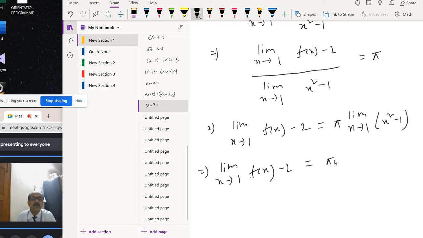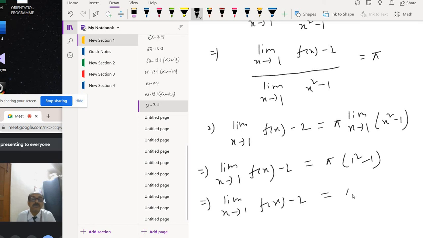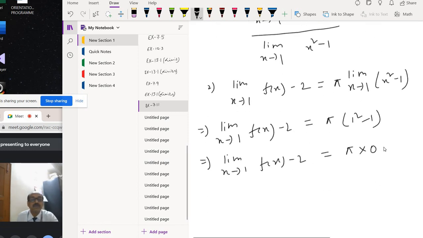Equal to pi into 1 square minus 1. So limit x tends to 1 f(x) minus 2 is equal to pi into 0, that is 0. So limit x tends to 1 f(x) minus 2 is equal to 0.